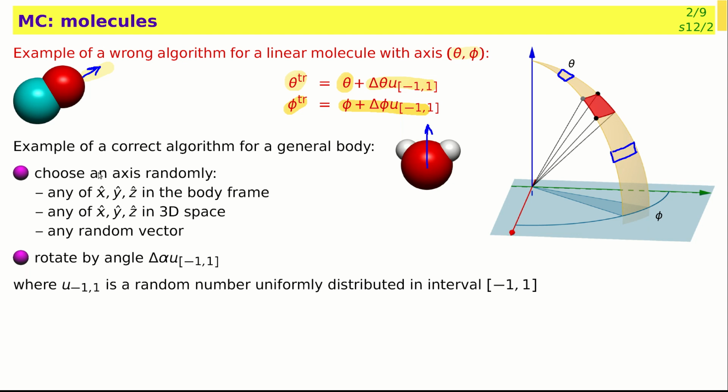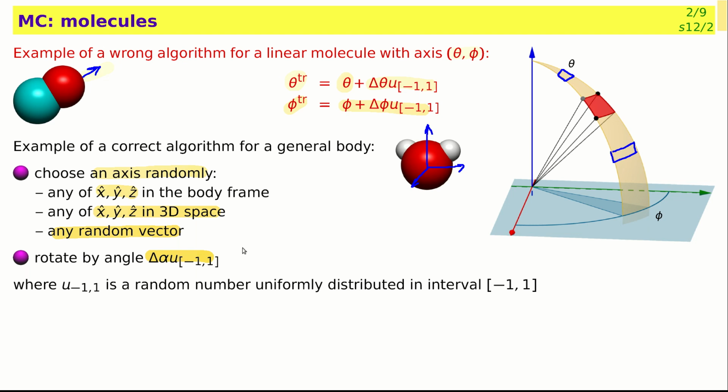First, we choose an axis randomly, and this axis can be any of the XYZ axes within the body frame, which means one of these three axes, for example, or it may be any axis in three-dimensional space, it doesn't matter, or it can be any random vector. And then we rotate this molecule around this randomly chosen axis by a certain angle, which is symmetric in the same spirit as we know already.